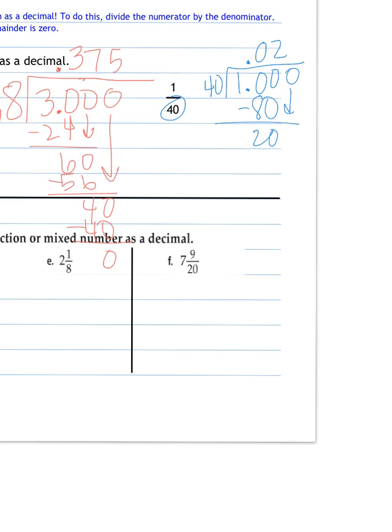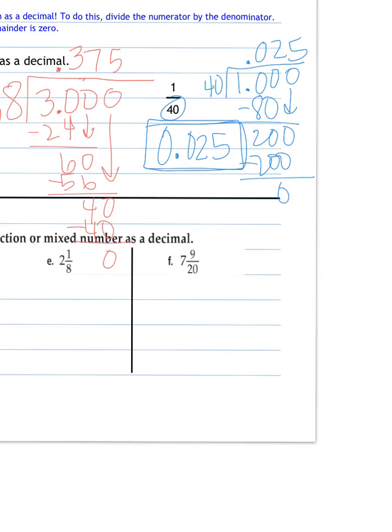Add another 0. 40 fits into 200 5 times. 5 times 40 is 200. Do your subtraction, and we have 0, so that is where we stop. So this fraction, 1/40th, can be written as a decimal as 25 thousandths, since we are in the thousandths place.